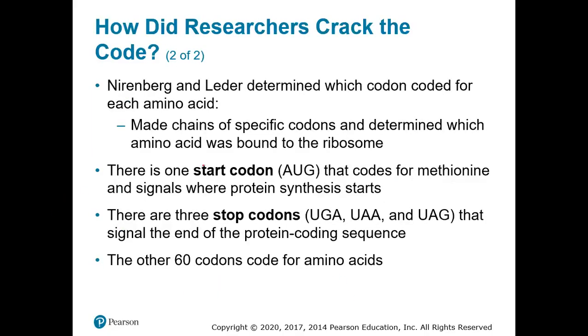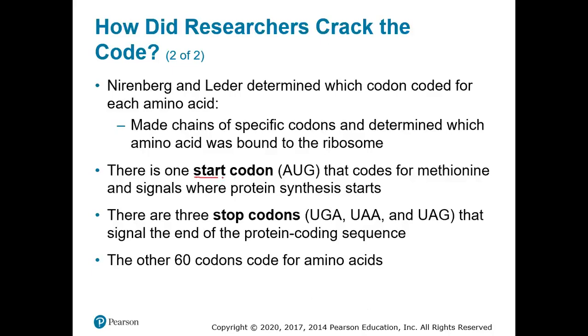It was Nirenberg and Leder who were the ones who determined what codon codes for what amino acid. And we're going to see they made a lovely large chart that you are going to become very familiar with in both lecture and lab. But they were not only able to identify what codes for what amino acid, but they identified a few very important types of codons.